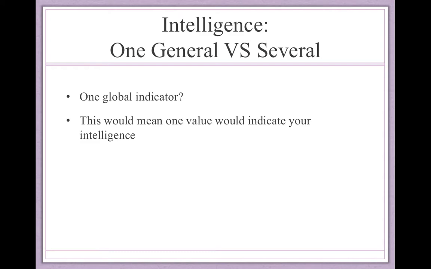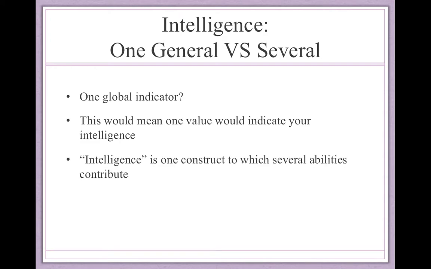You'd be able to take a test, and that test would tell you exactly what kind of intelligence you would have. And this type of idea also thinks that intelligence is one construct, but several abilities still contribute to this single construct.